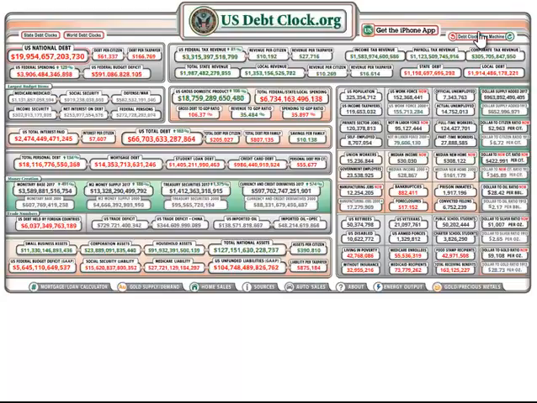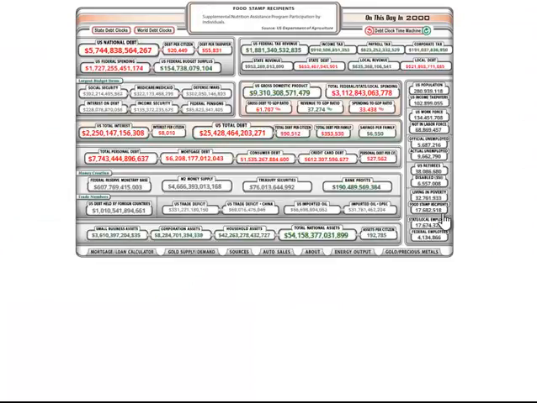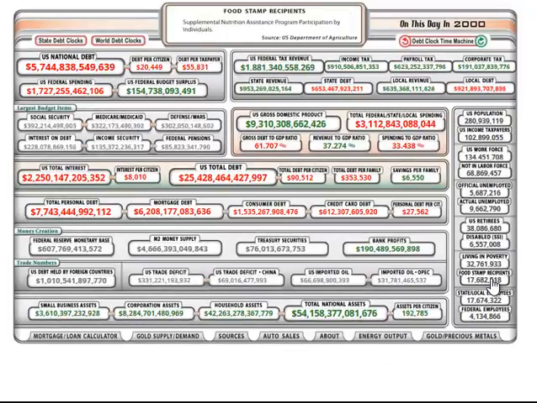Now, if I go to the debt clock time machine, let's go back to 2000. Now you can see that this is a little bit smaller, and in the right hand column it starts out with U.S. population, U.S. workforce.